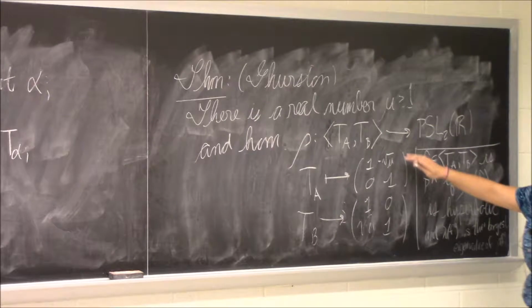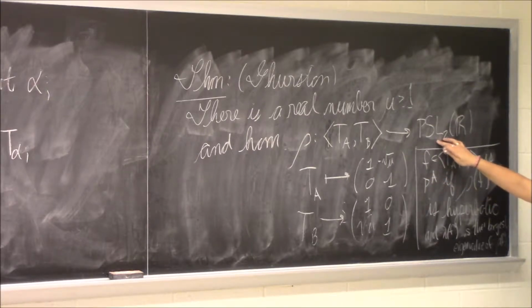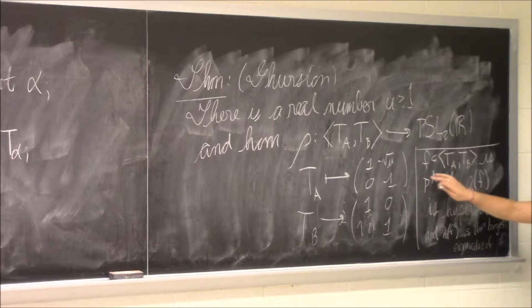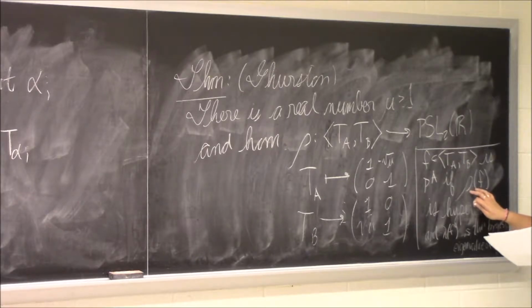Since we're sending this into PSL2R, this is just a subgroup of SL2R. So the image of f is just going to be some matrix. When I'm saying it's hyperbolic, I just mean that the absolute value of its trace is greater than 2.